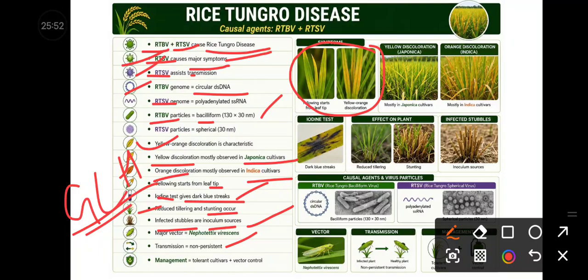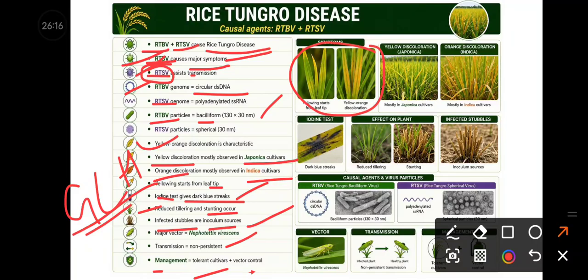Remember this also. And the transmission of virus is assisted by RTSV. This RTBV can't transmit alone. And management practice for this is use of tolerant cultivar, and for most of these viral diseases, vector control is most important.